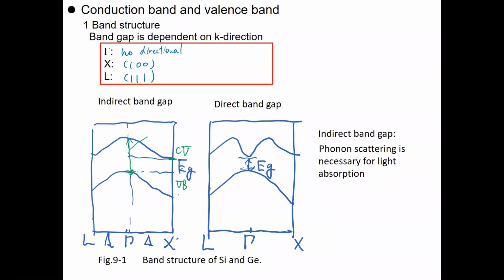Anyway, in the case of an indirect band gap semiconductor, the light absorption is much smaller than for the direct band gap, which means that from the top of the valence band to the bottom of the conduction band, there are some direct energy levels available for transition, called a direct band gap transition.